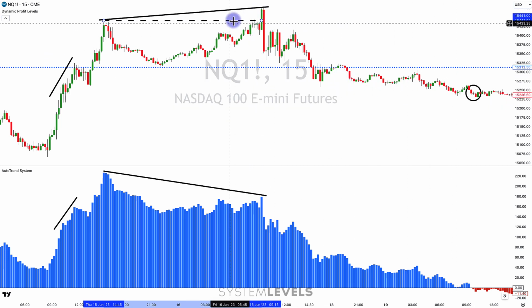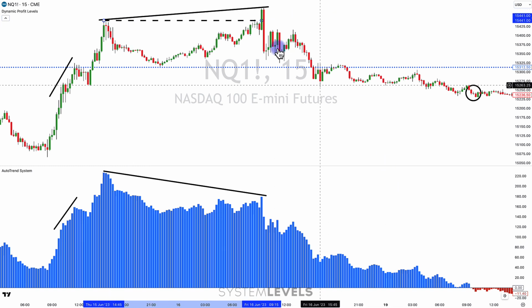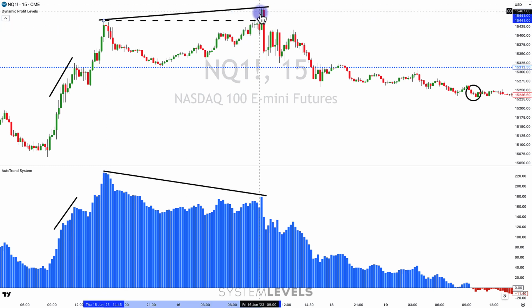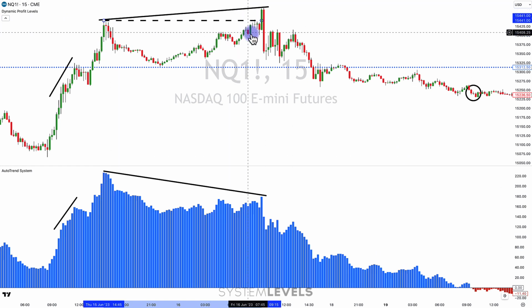So you will often see this type of behavior happening at tops and bottoms of moves. You will see one level getting broken through, and then an immediate move to the downside. That's because there are a lot of stop loss orders just above those highs that are getting triggered, and then we're seeing a move to the downside.